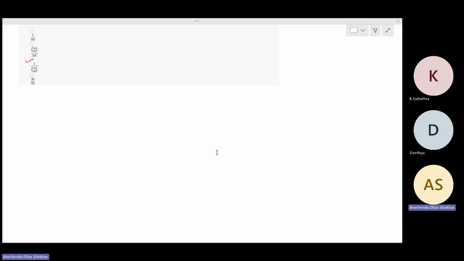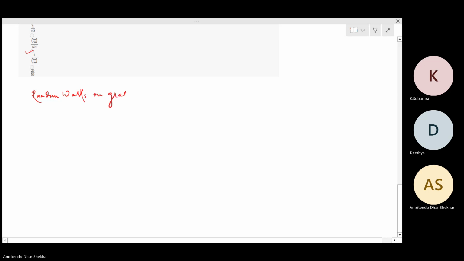Okay, so let's take an example. This is random walks on graphs. So you know what a graph is, of course, right?